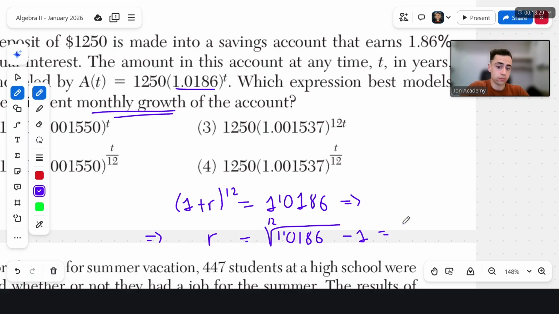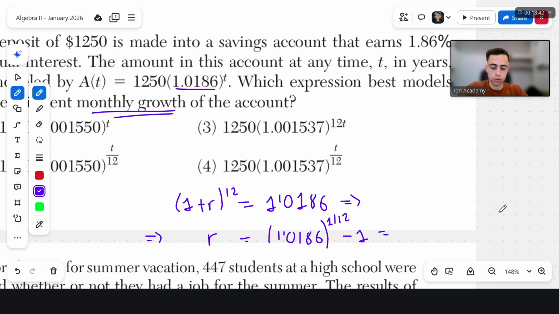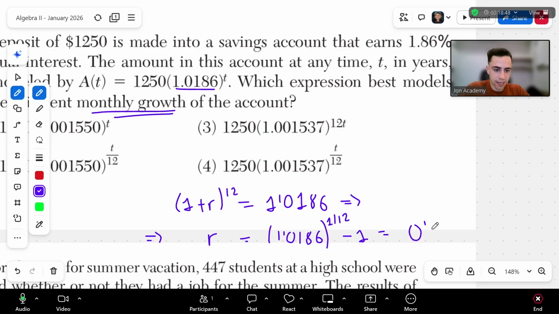Or we can write, yeah, also on the calculator, this number to the power of 1 divided by 12. It's the same. So 1.0186 to the power of 1 divided by 12, and then minus 1. This gets us this number here, 0.00153, and we can round it to 7 here.